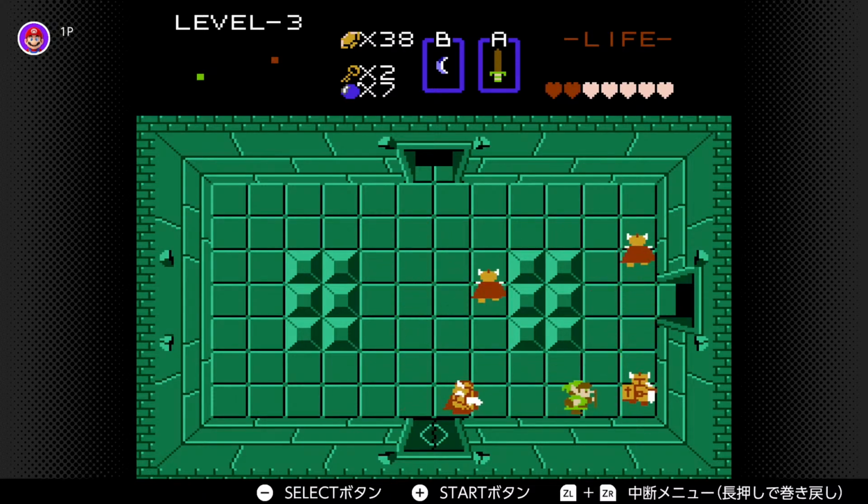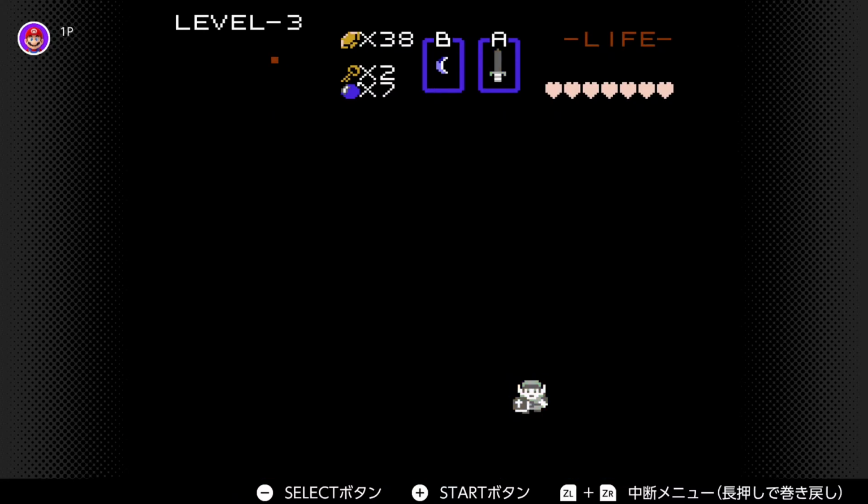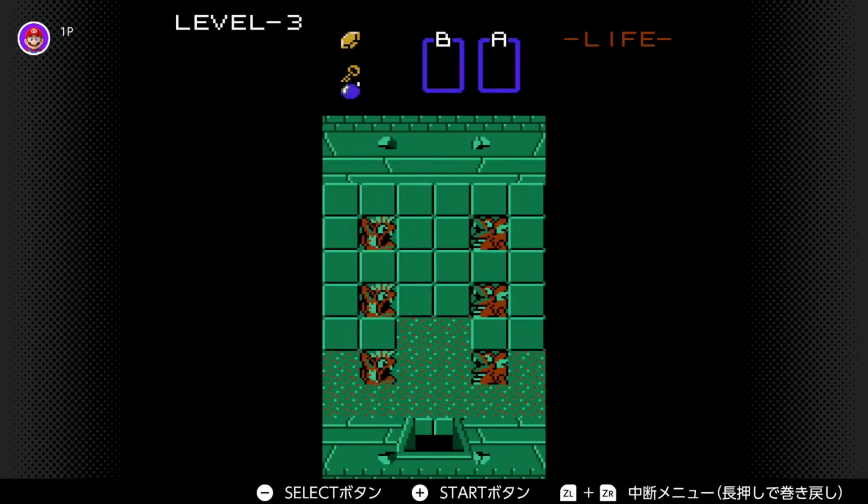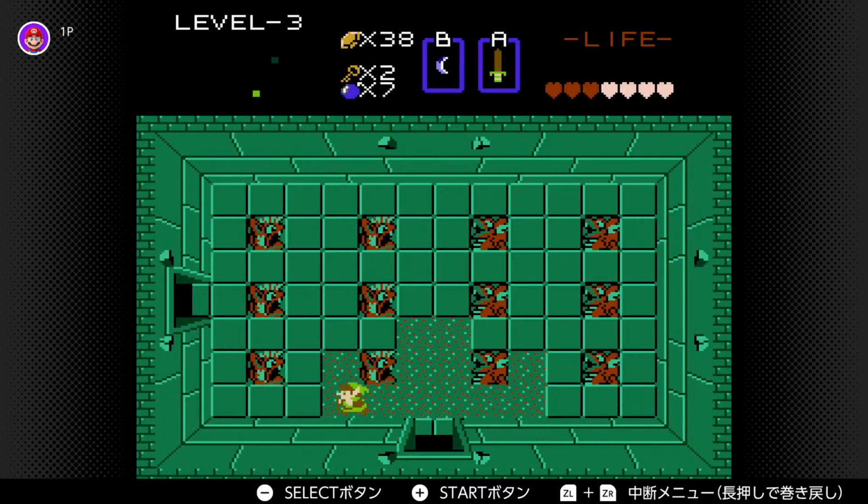Oh boy. I'm getting stuck in these corridors with them. Not the best. Yeah, I got surrounded. I'd say we can use at least one medicine to avoid getting stuck here.